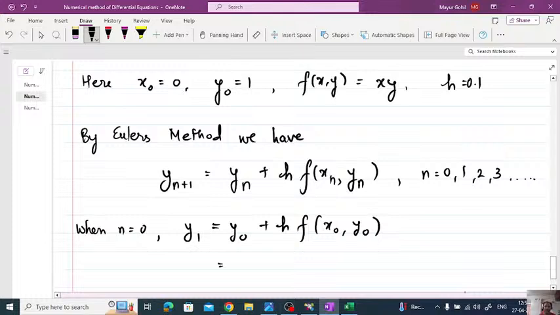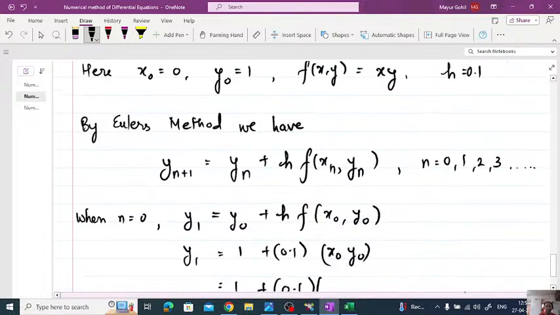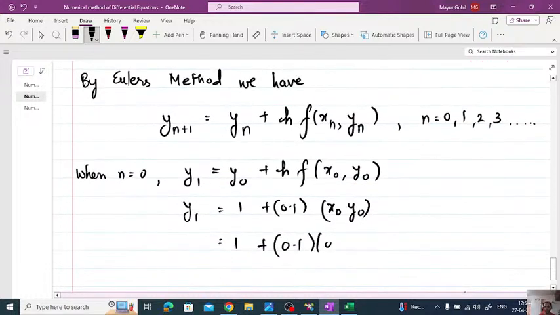So y0 is 1, h is 0.1, f of x0 y0 is x0 y0, right? So y1 is 1 plus 0.1 times x0 y0, x0 is 0, so this whole thing goes down to 0, it is 1, so y1 is 1.